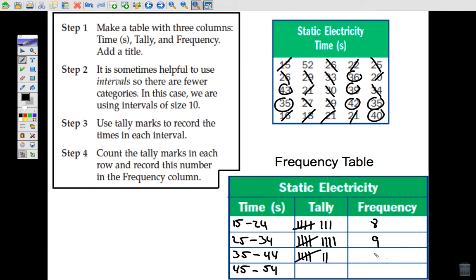So that's 7, and from 45 to 54, I only have 1 left. It's 52, so there's only 1 there. So that would complete my frequency table.